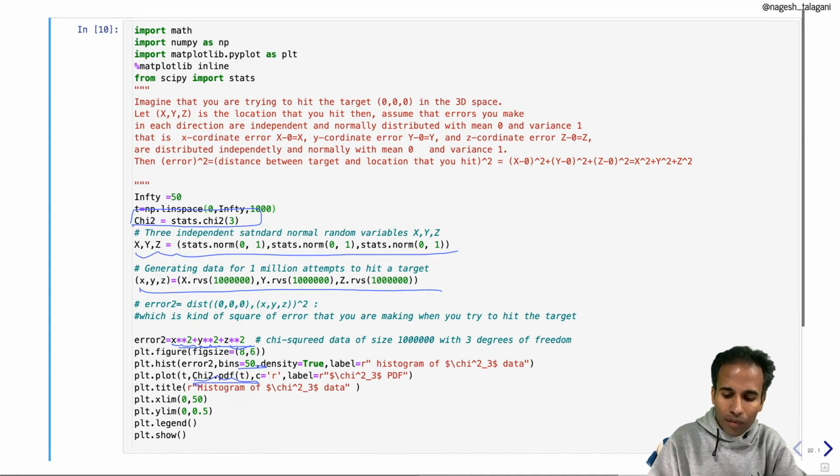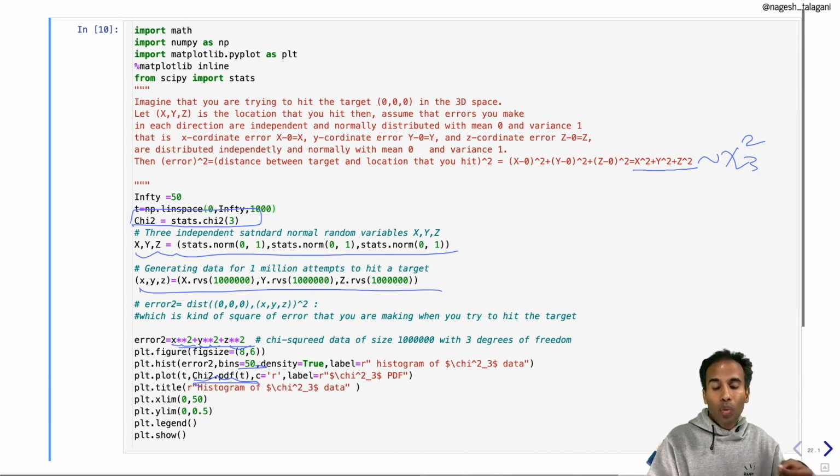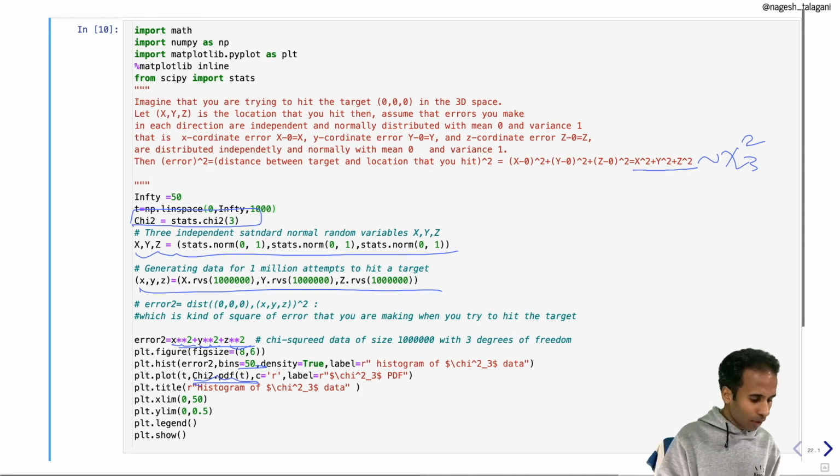We know that x square plus y square plus z square follows a chi-square distribution with 3 degrees of freedom, because x square is a chi-square 1, y square is a chi-square 1, z square is a chi-square 1. The sum of 3 independent chi-square 1 random variables is a chi-square 3 random variable. That's why I'm plotting the PDF of the chi-square distribution with 3 degrees of freedom. Now let's see how it looks.